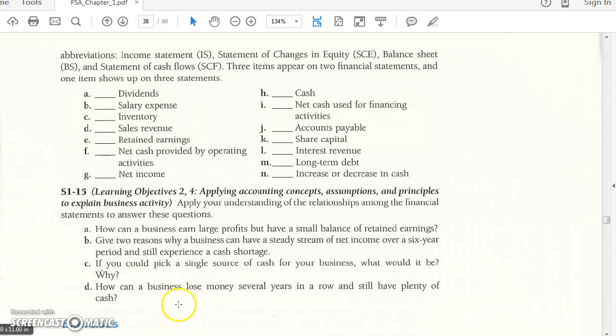Well, if you've got plenty of cash, remember you can generate cash through your investing activities and your financing activities, but the business itself operating may not be making any money. So there are ways for a business to do it without doing it through operating activities, as I say, financing and also through investing activities. All right, so that was just a brief overview of 14 and 15. Let's see what we have now for 16.